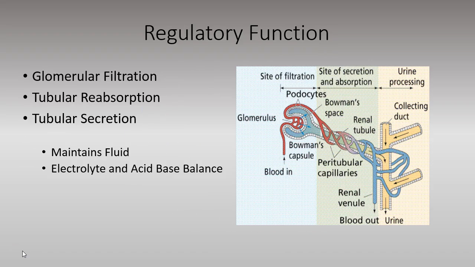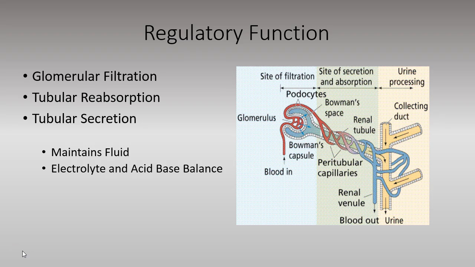The regulatory functions of the kidneys: the first one is glomerular filtration. You also have tubular reabsorption and tubular secretion. Basically, blood filters in through the kidneys, and your glomerulus filters that blood and finds out what it actually needs.